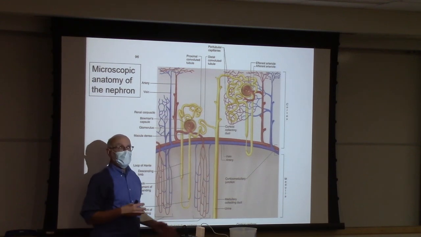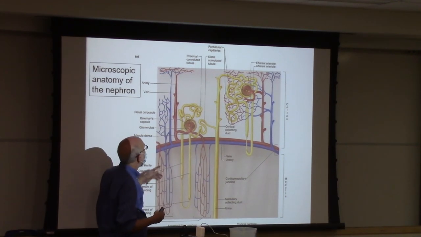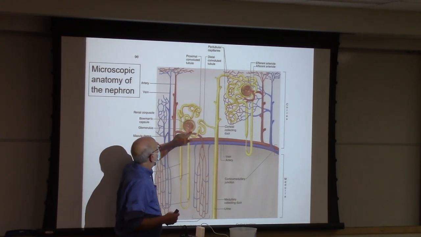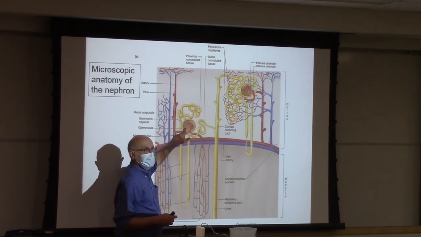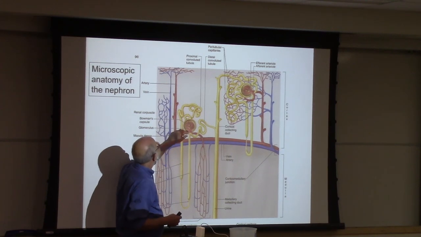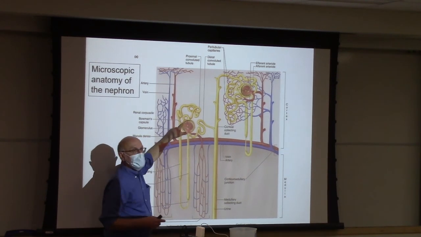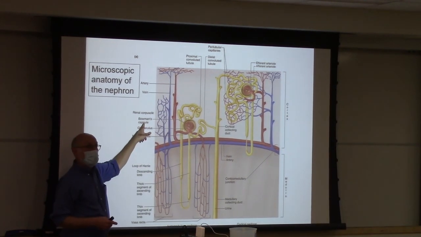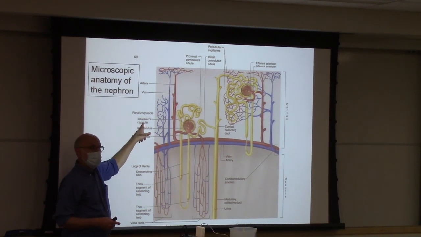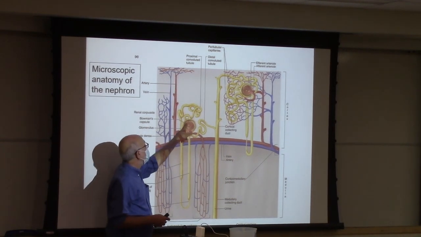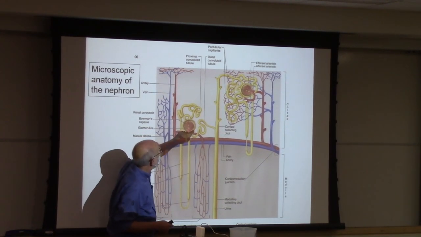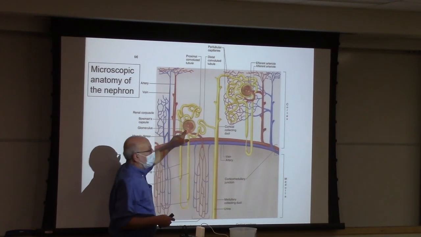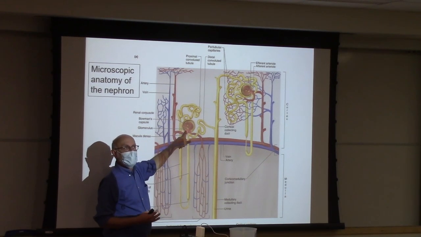Now let's talk about the tubules of the kidney. So surrounding the glomerulus is a structure called Bowman's capsule. And between the glomerular capillaries and Bowman's capsule is a space, thankfully called Bowman's space.